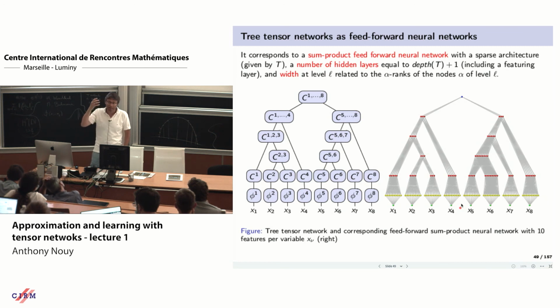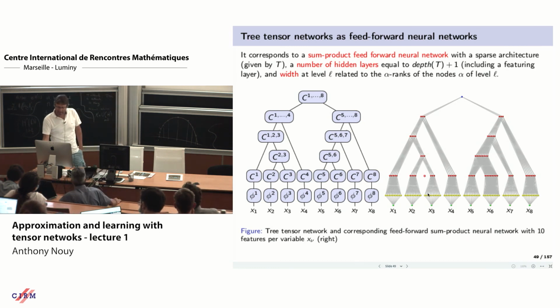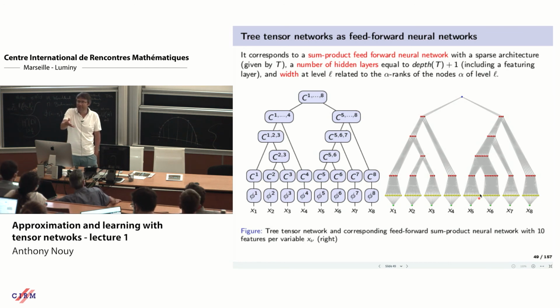So there are many constraints on these ranks. If you give me a tuple of integers that does not satisfy these constraints, it means that there is no tensor with these ranks. Does that answer your question? Yeah, it answers my question. Thanks. But the thing is that if you give me a sum product network like this, with arbitrary numbers here, it will be an object in this set with bounded alpha rank.